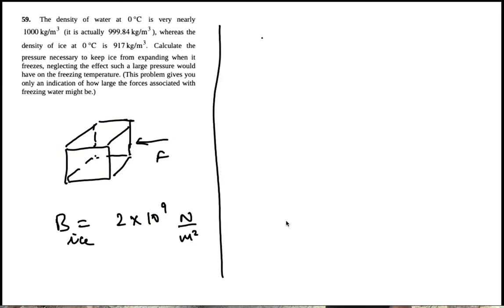All right, so the bulk modulus is the stress, which is the pressure you have to maintain, divided by delta V by V. The negative sign tells you the volume decreases when you have a compressive force, stress.